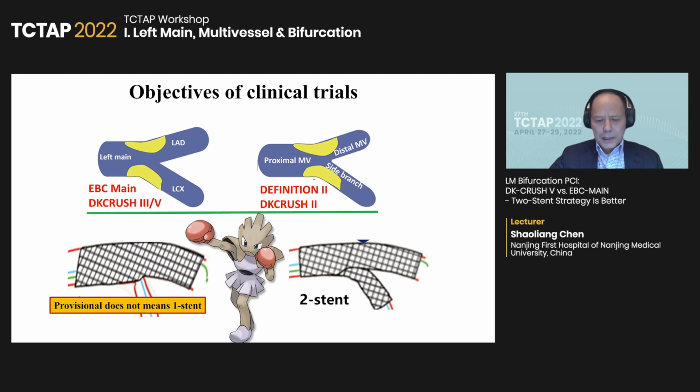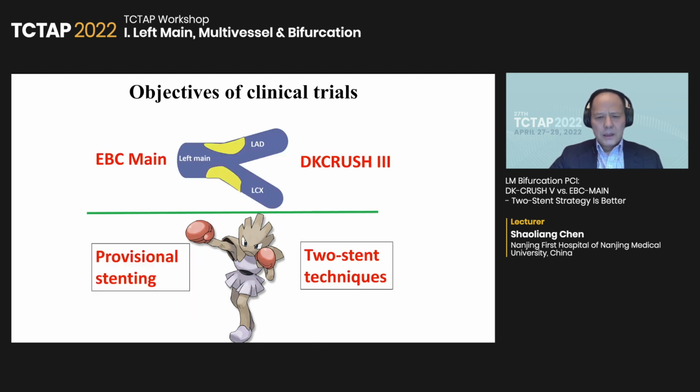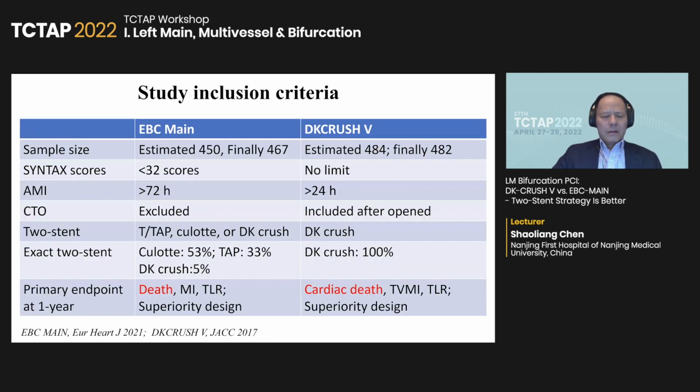They are EBC MAIN and the DK CRUSH-V study. So let's go directly to a comparison between EBC MAIN and DK CRUSH-V. Let's start from sample size calculation and SYNTAX score, which was less than 32 in EBC MAIN and no limit in our DK CRUSH-V study according to the study protocol.